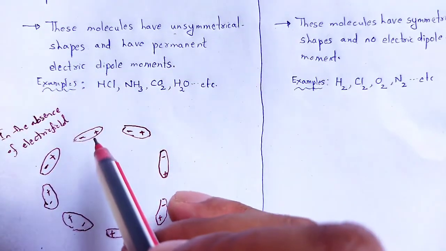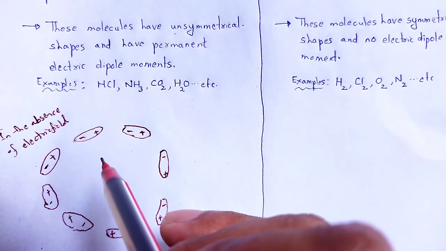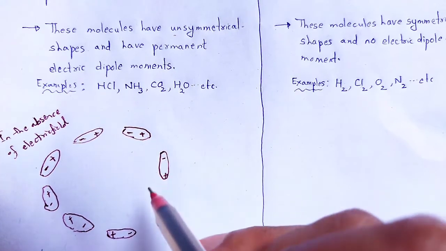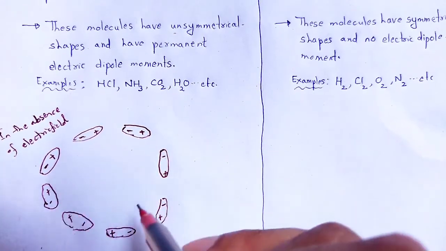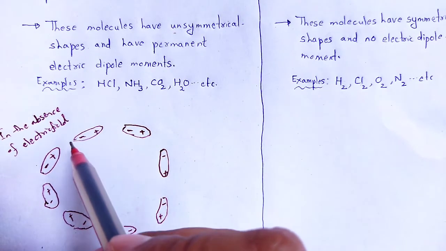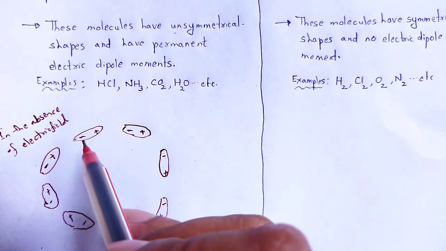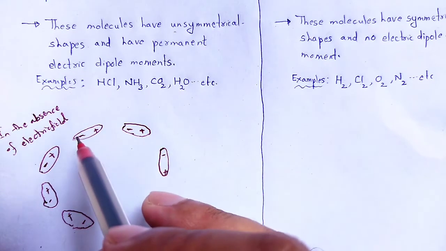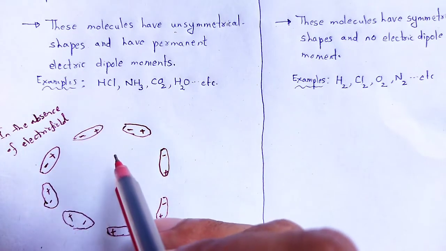In the absence of electric field, these polar molecules form closed chains: negative, positive, negative, positive, and so on. Hence, the net electric dipole moment of these molecules is 0.